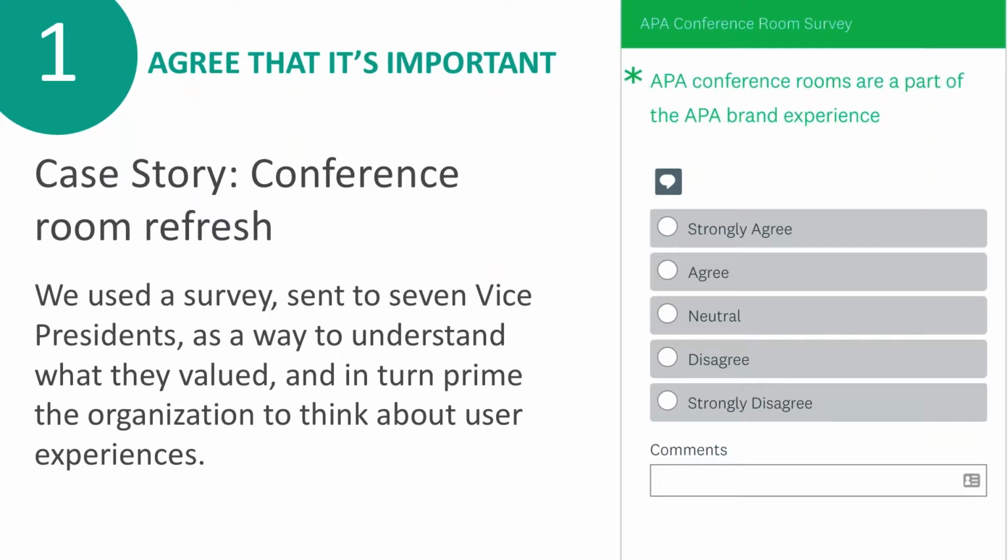But we chose to handle this a bit differently. We wanted to make sure everyone viewed the conference rooms the same way and had the same expectations about them. So I'm going to go through the results, and don't worry, there are only 5 carefully chosen and written questions. Even though I'm going through all of them, I promise it's not that dense.